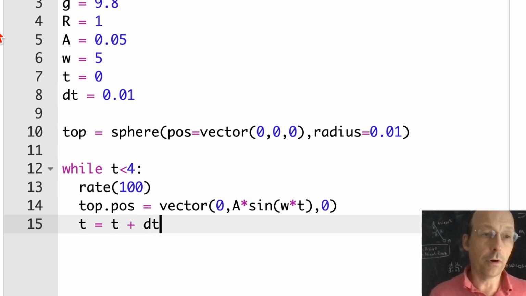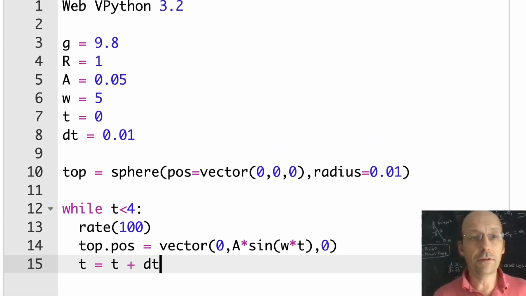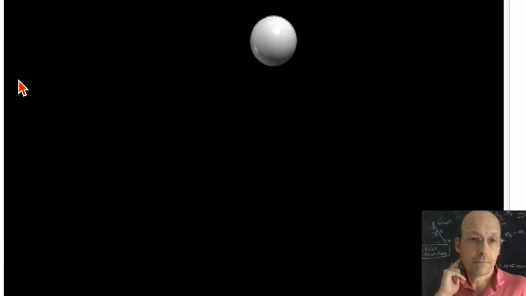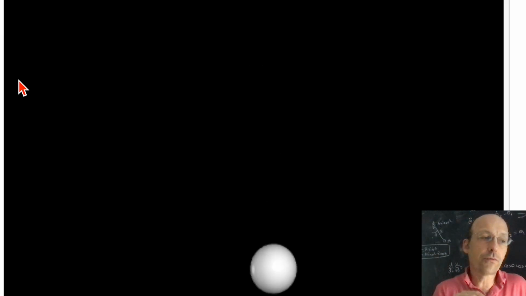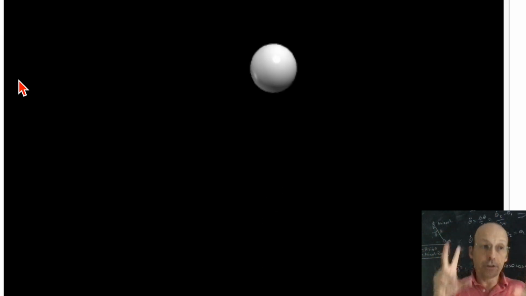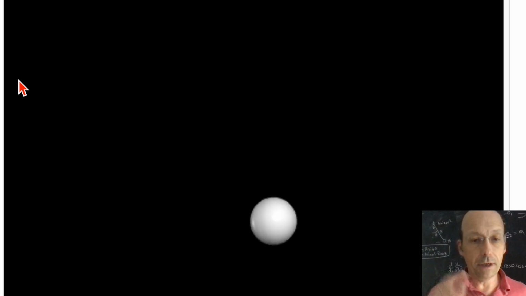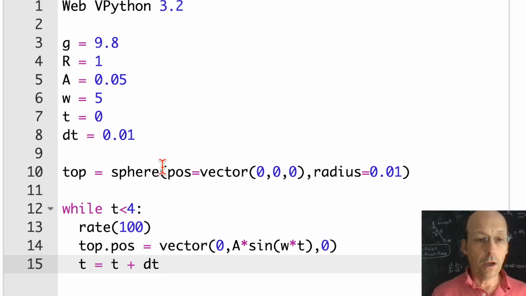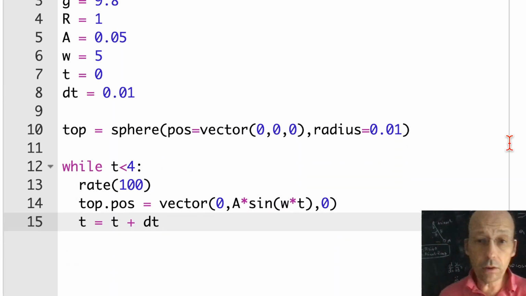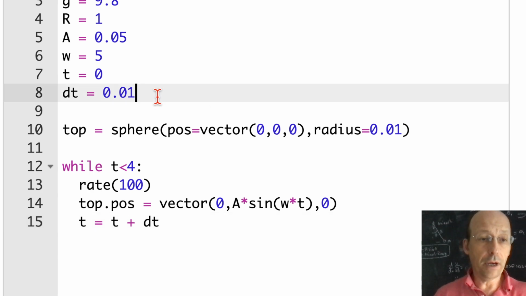Let's get something working here. Always start building things in parts. Okay, so it looks weird because the camera zoomed out to make everything fit beforehand, but it seems to be working.